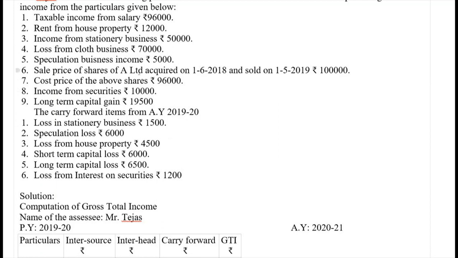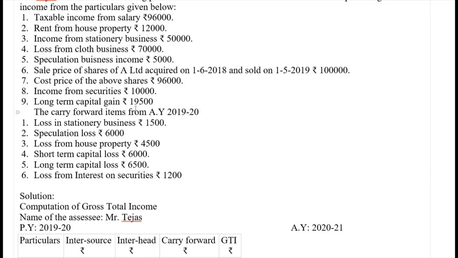We need to compute the short-term capital gain here, as these shares were held by the assessee for less than 12 months. They were acquired on 1/6/2018 but sold on 1/5/2019, so held for 11 months. So there will be a short-term capital gain of rupees 4,000. We have a long-term capital gain of rupees 19,500, against which we adjust the brought forward long-term capital loss.